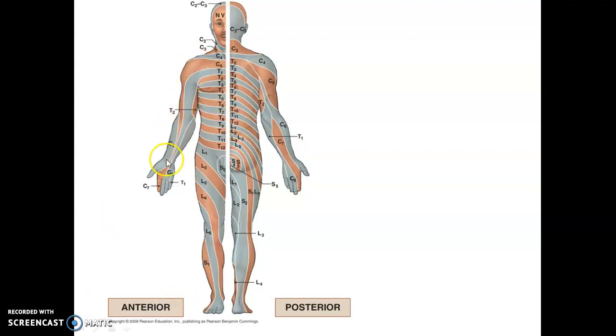Mostly the upper, the arm, and the leg are the ones that most nursing students need to know. So you'd have C5, C6, C7, C8 going down around here, and T1, T1 and T2. And the leg, they go at a different angle.